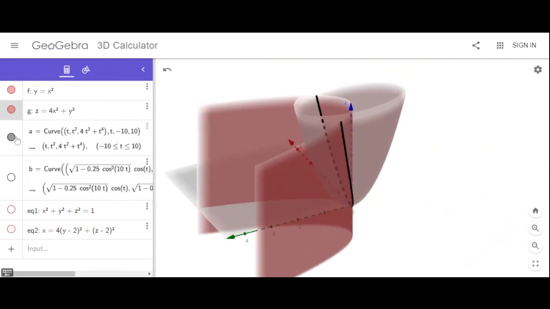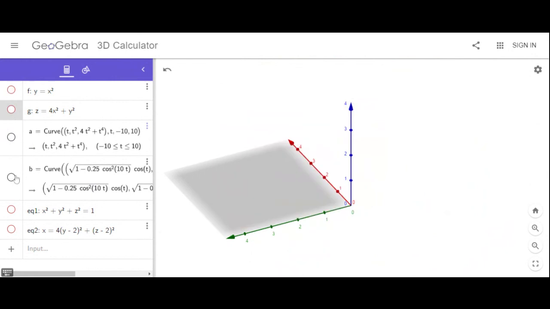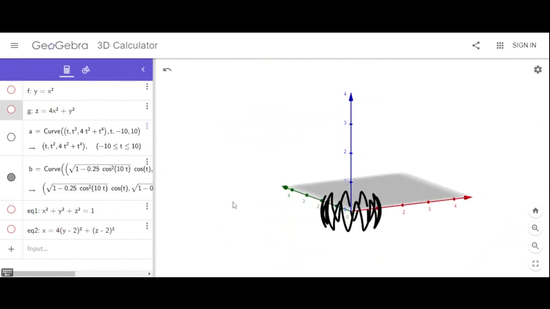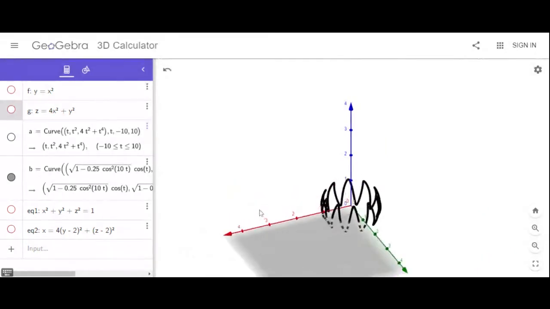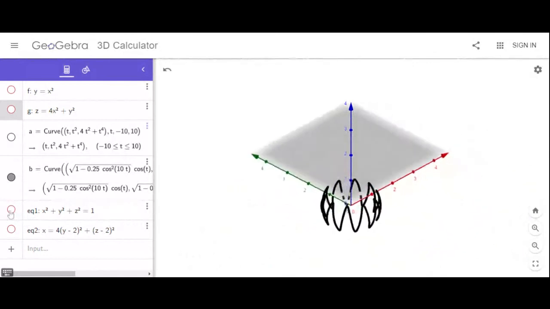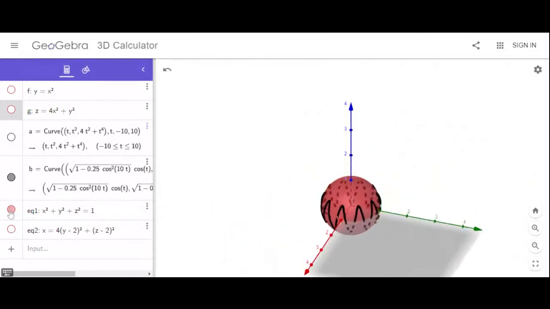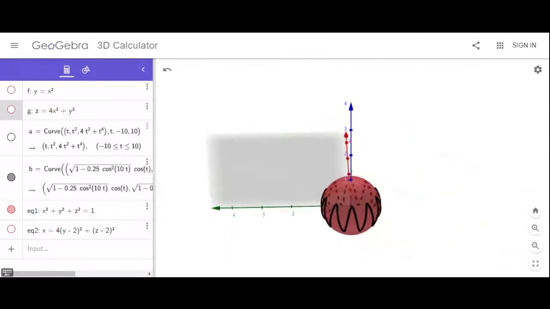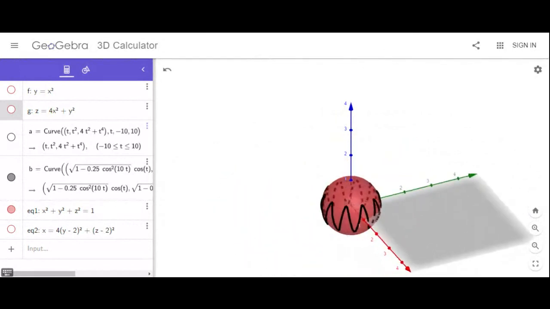So I also just wanted to show you guys something really cool. I found a cool parametric function right here, and we can show that it's on the surface of a sphere. Isn't that something?